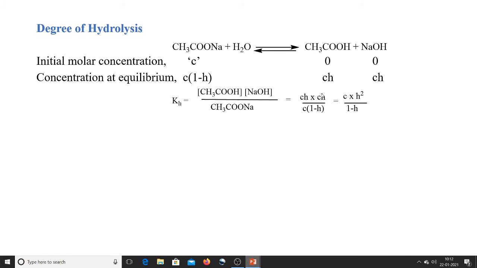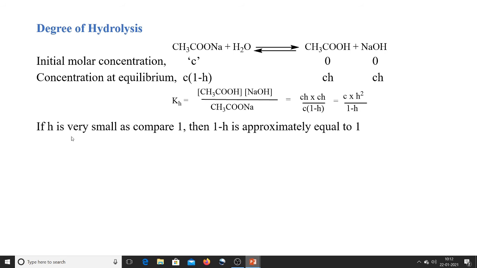So here the C's get cancelled, and we get C into h square upon (1 minus h). If h is very small as compared to 1, then 1 minus h is approximately equal to 1. So we can write Kh is equal to C into h square upon (1 minus h), which is equal to C into h square, because 1 minus h is approximately equal to 1.